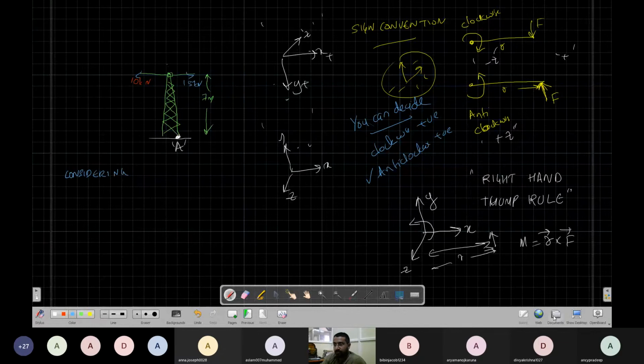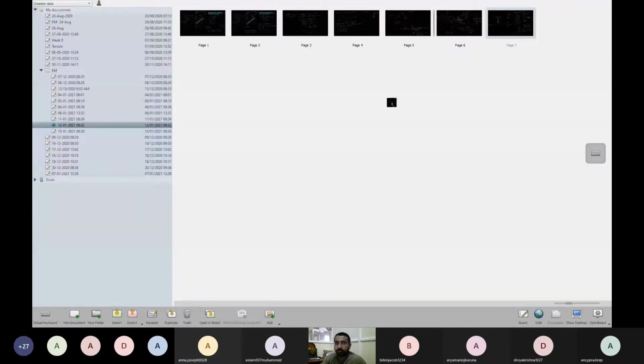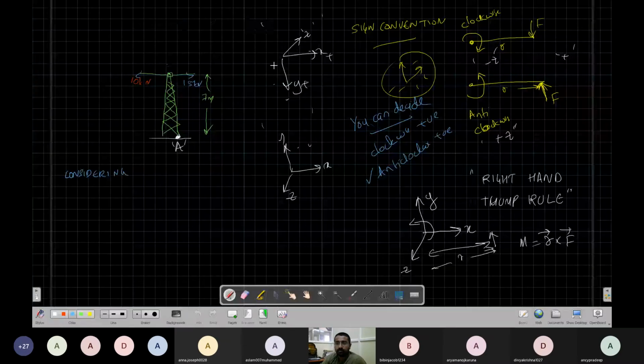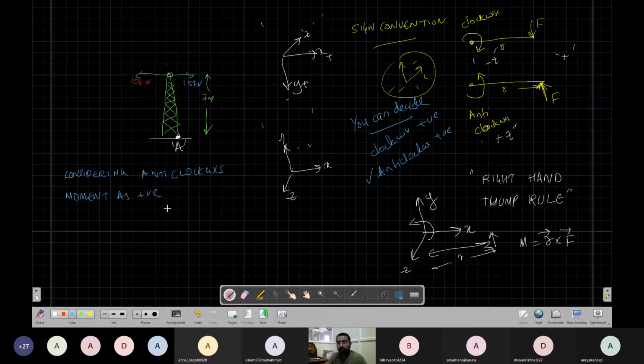Considering anti-clockwise movement as positive, we can solve problems.